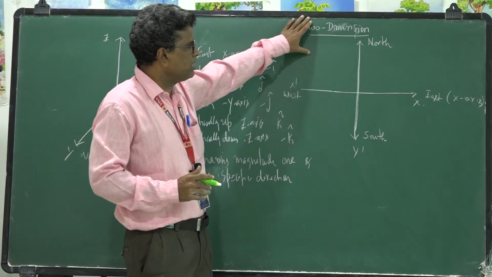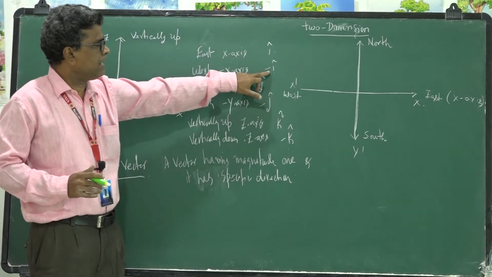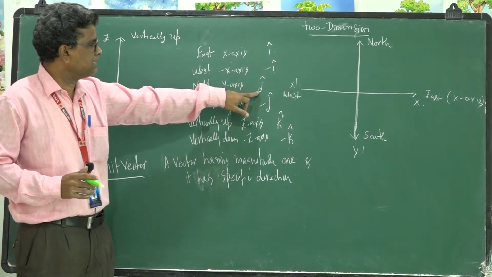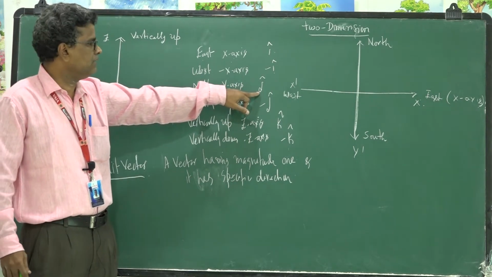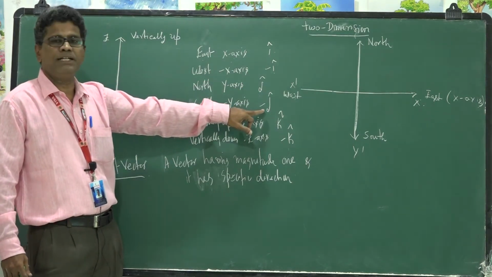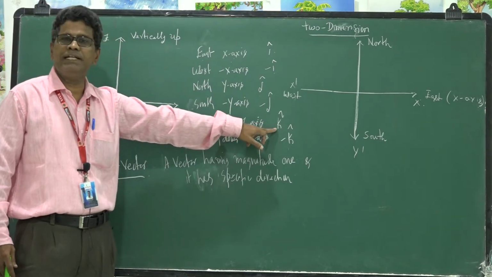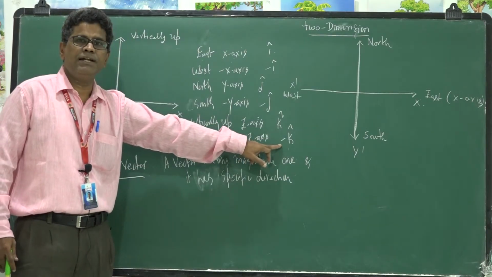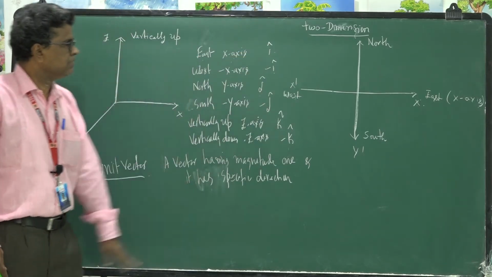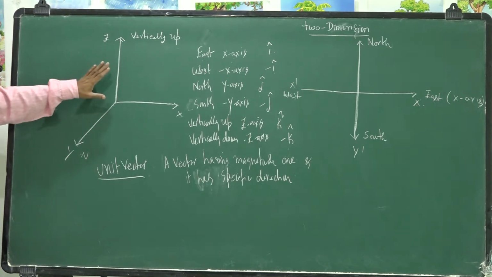In two dimensions, we represent with i cap, minus i cap along west or the negative x-axis, j cap along the y-axis, minus j cap along the negative y-axis. Vertically up is k cap and vertically down is minus k cap. So these are the unit vectors, represented two-dimensionally and three-dimensionally.